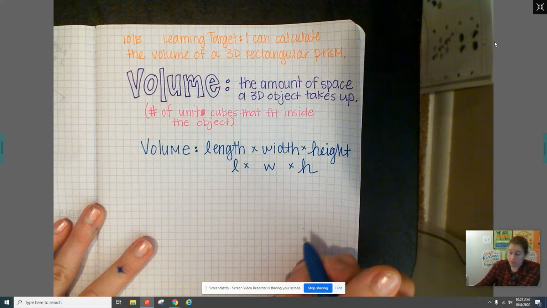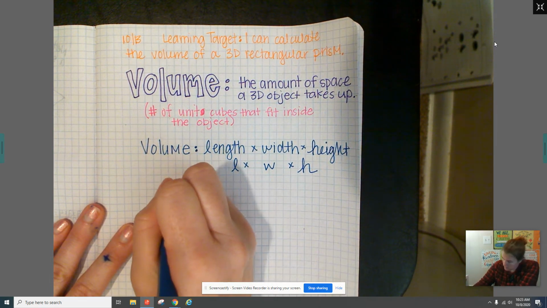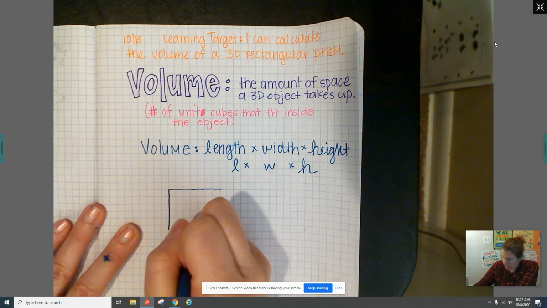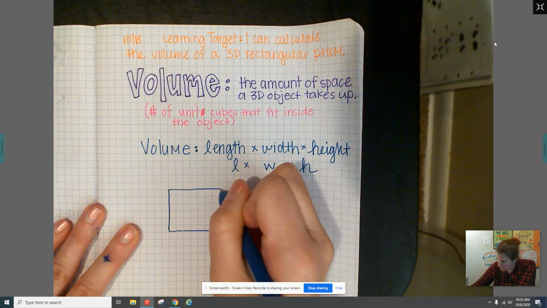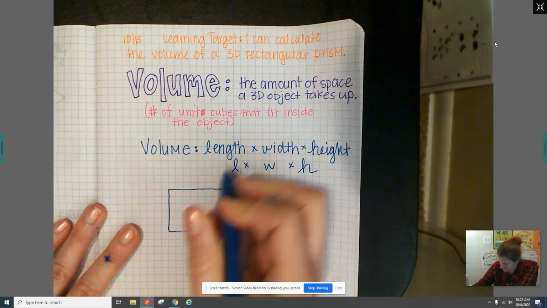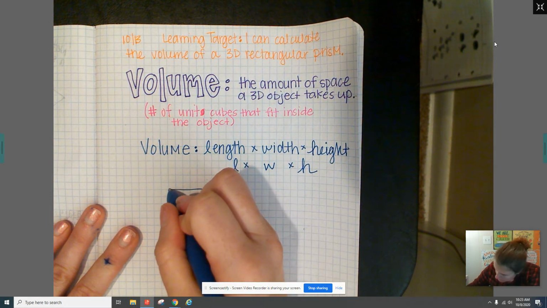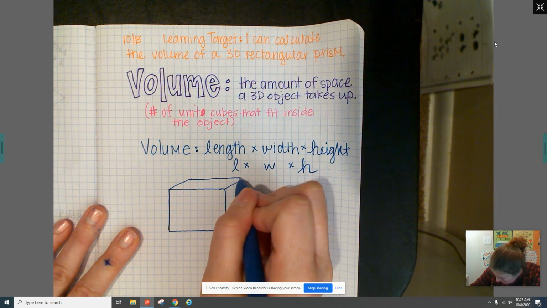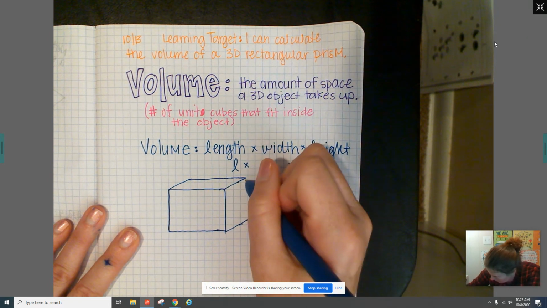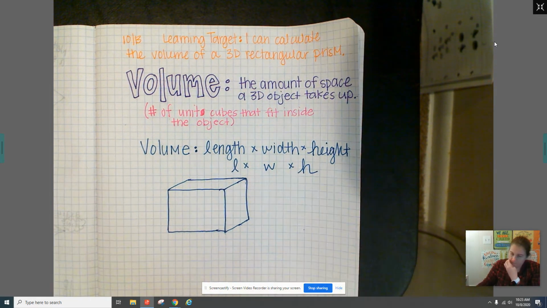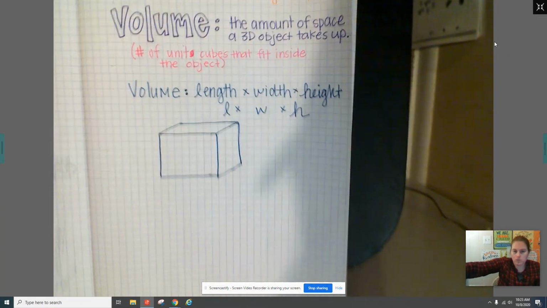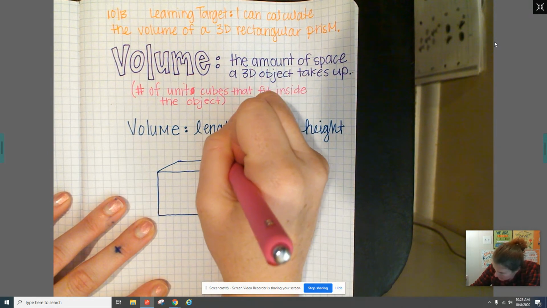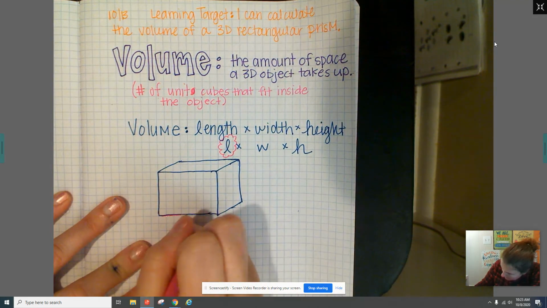Now I am going to attempt to draw. I really wanted to draw a unit cube one. I don't know if I'm gonna be able to pull that off though. I think we're just gonna keep it simple here. If you have a three-dimensional shape like this, when I think of length, I always think of this part right here.